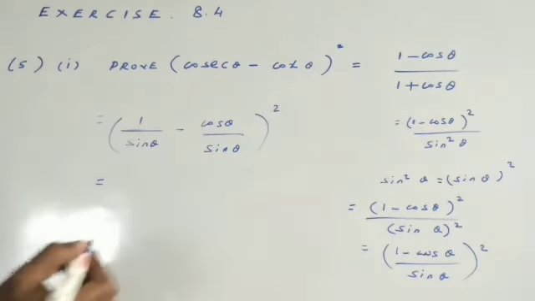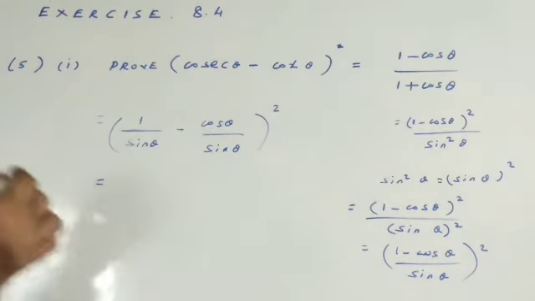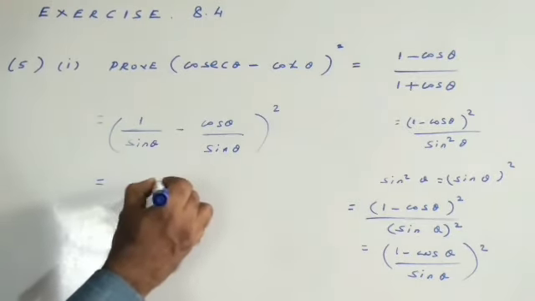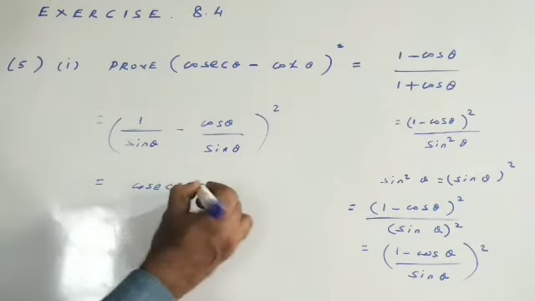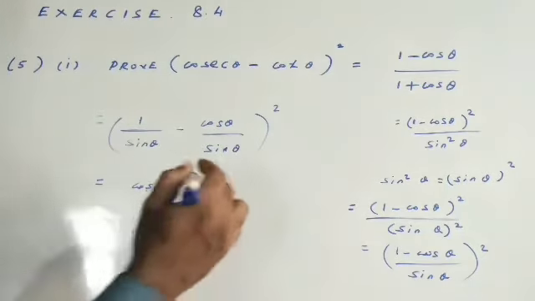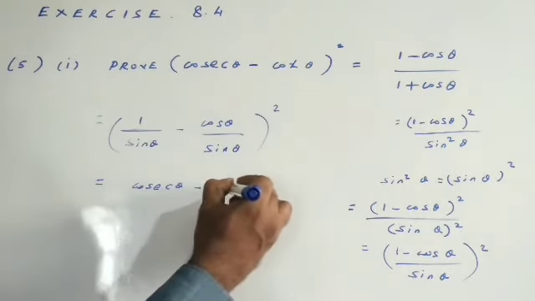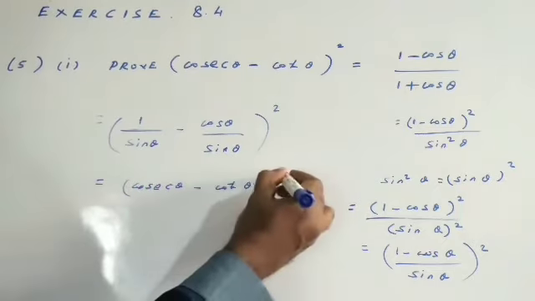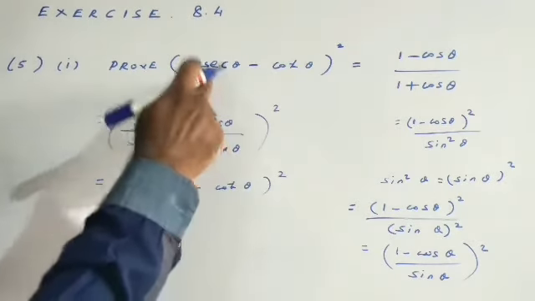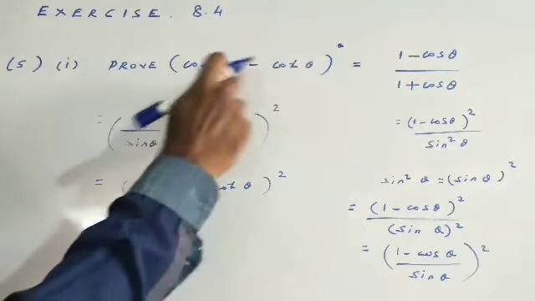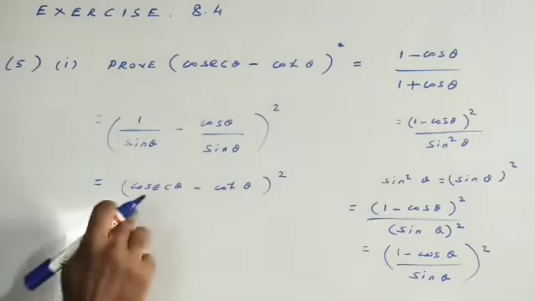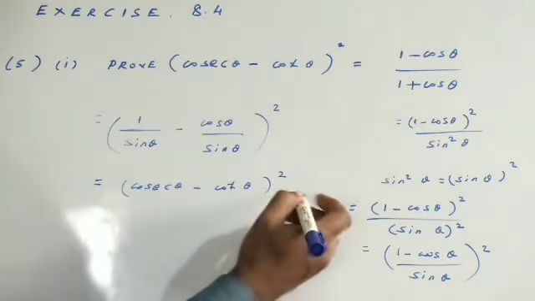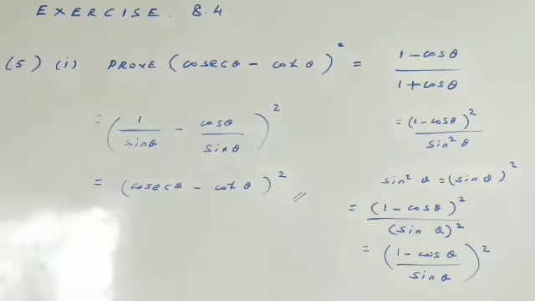One by sin theta, the identity gives cosecant theta. Likewise, cos theta by sin theta is cot theta, the whole square. This is the answer we have to prove: cosecant theta minus cot theta the whole square. Now we get the same answer. That is the answer.